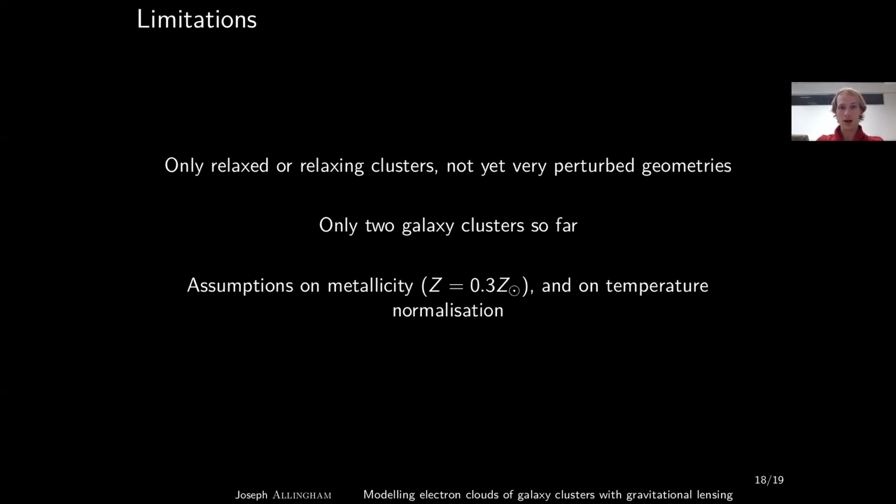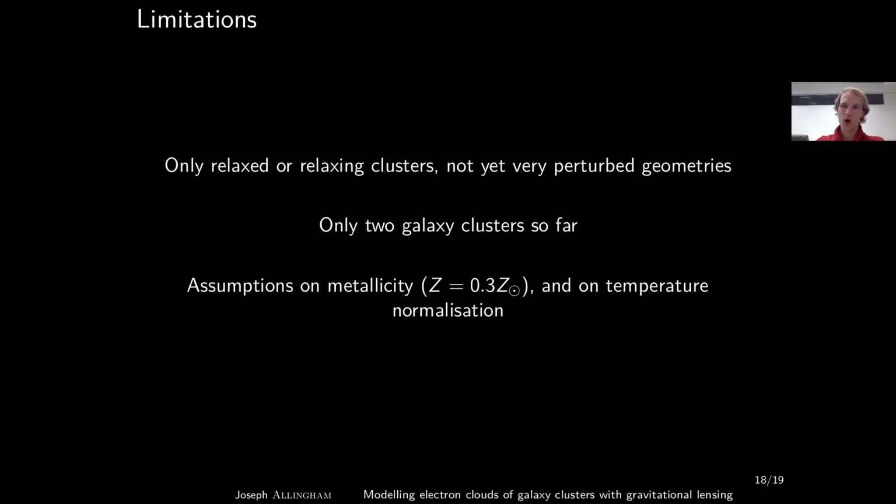So there are limitations though. Our clusters are either relaxed or relaxing. And in that latter case, we can wonder how good our model is. However, we have not yet applied and don't think we can quite apply this model to perturbed geometries just because the virial theorem will not apply.